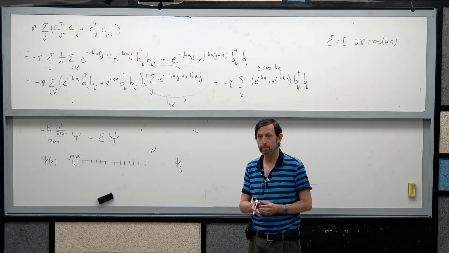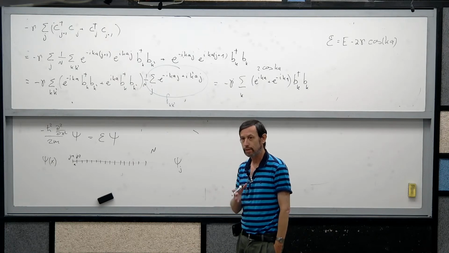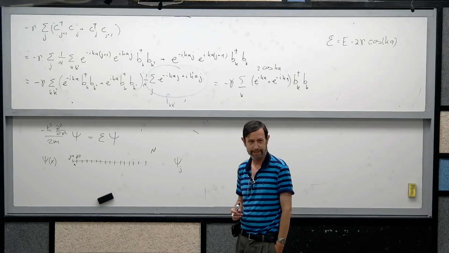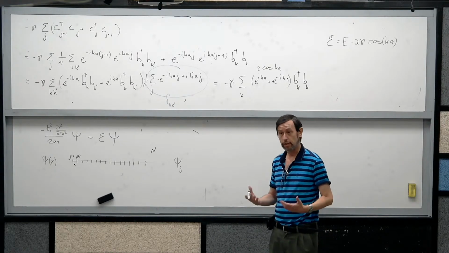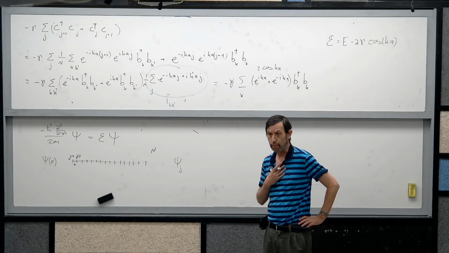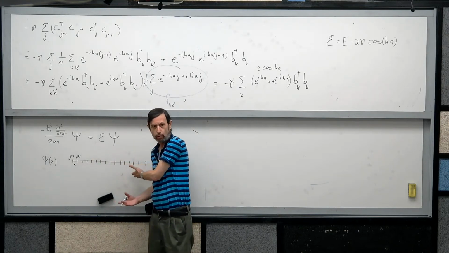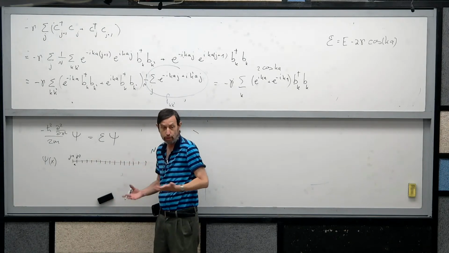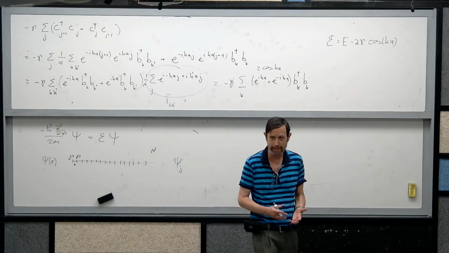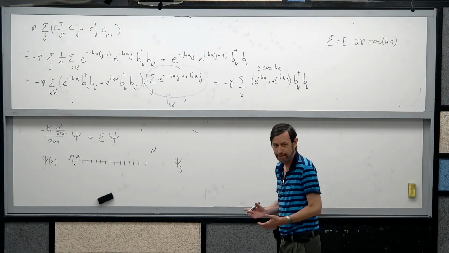Just by the mere fact that I'm dealing with a digital computer, it forced me to introduce a lattice. I can't describe space by a continuous variable. I have to represent it by a lattice, although from my point of view, I don't care about this lattice. I don't want it there at all. I'm forced to introduce it just because I have finite memory and I have to deal with a discrete entity.